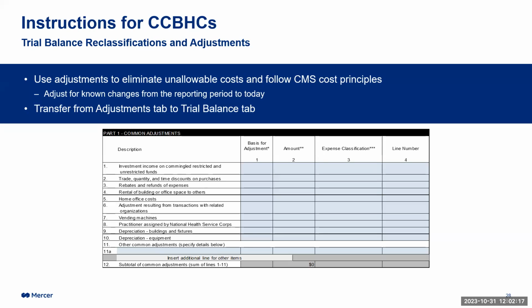But to the extent there are changes in your financial statements that aren't accurately reflective of where you're operating today since your last audit period, you can provide that increase here in column 11A and have a lot of detail to what adjustments are being made.